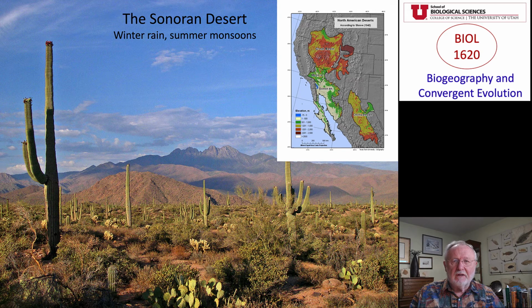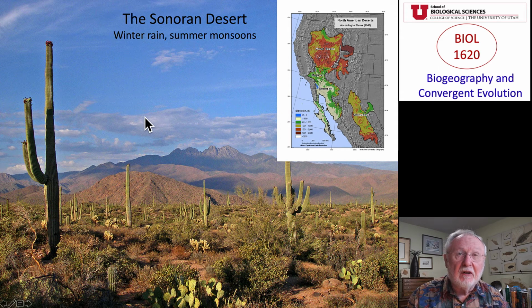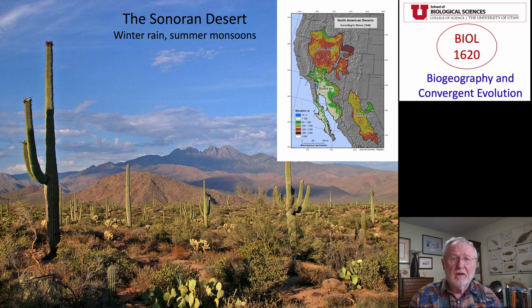The Sonoran Desert here is a desert in which we find both winter precipitation from storms generated in the Gulf of Alaska and summer monsoonal systems where moisture comes from the eastern Pacific. If you find cacti, especially large cacti in the desert, you can be rest assured that it is a part of the world that gets summer precipitation.